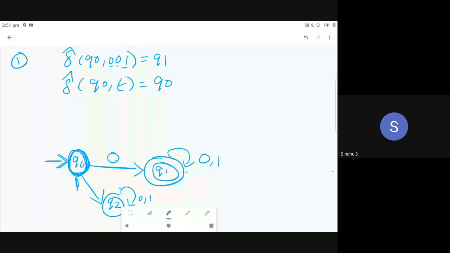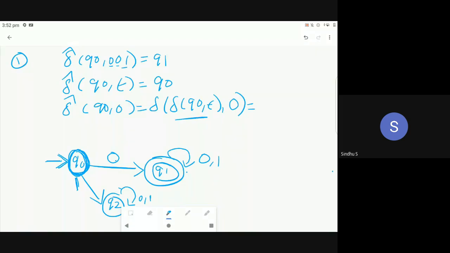When the input arrives, q naught comma 0. If 0 is the first input, then my function will be q naught comma epsilon comma 0.